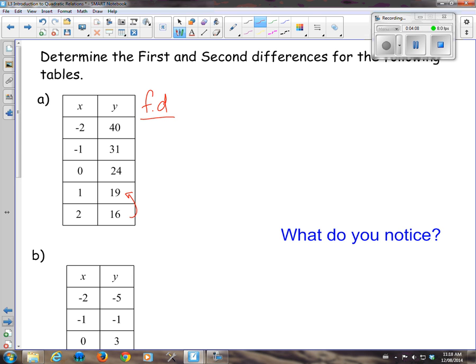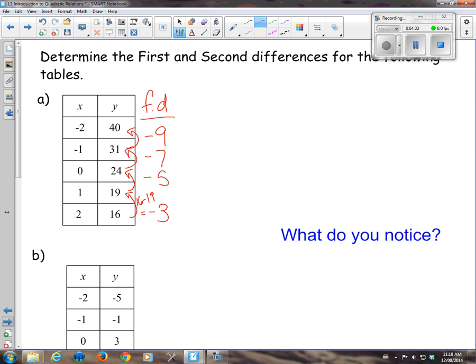So 16 take away 19 equals -3. And then I do 19 take away 24 would be -5. And then I do 24 take away 31 would be -7. And 31 take away 40 would be -9.